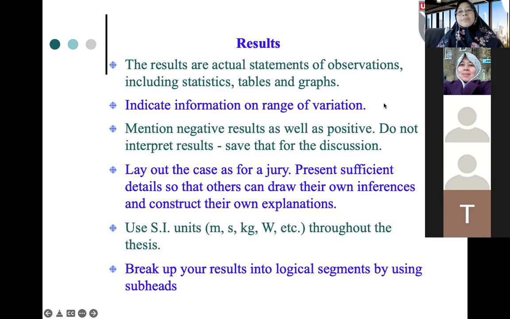So results are the actual statement of observation, including statistic tables and graphs. So I have actually stressed that you should talk about the actual observation.